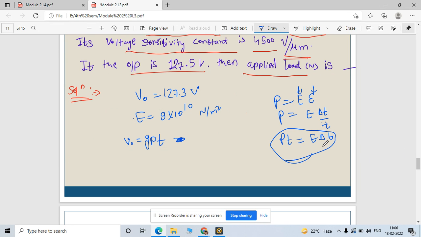Use that and put this value in this circuit. PT, so V naught क्या हो जाएगा आपका? G into this PT replaced with this E into del of T. So put that value and find out the del of T from this. इससे जो भी आएगा यहाँ पे del of T आप find out कर लेना.